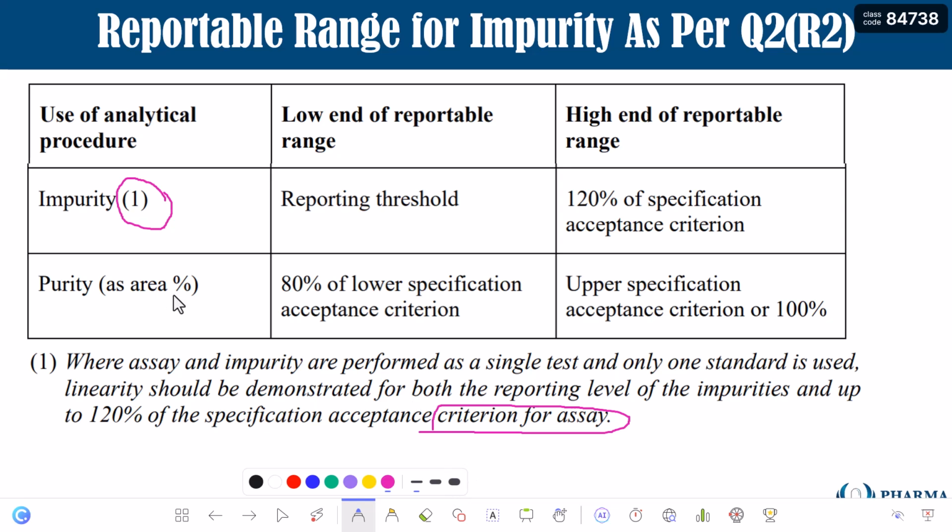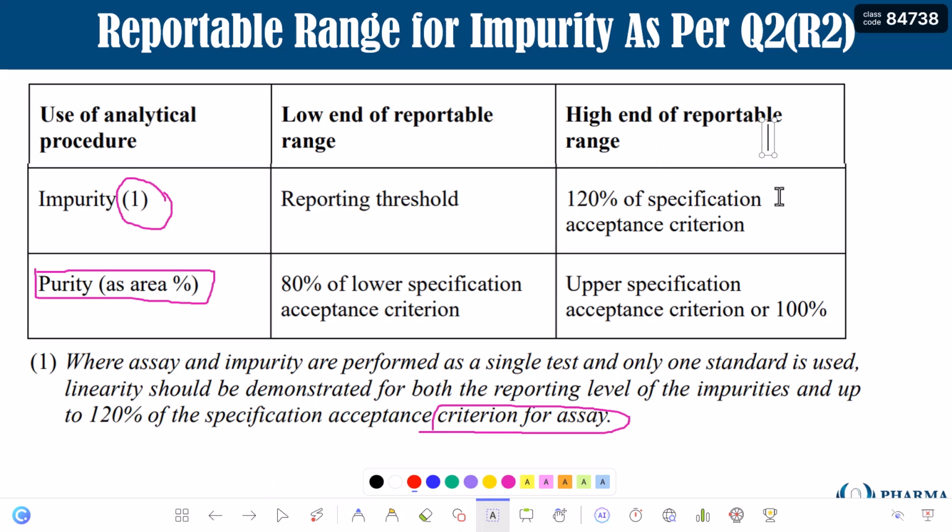See, most of the time, if I'm using the purity as a measurement for impurities against area percent, I may have the same standard concentration and sample concentration. What does this mean? Let me explain with the help of an example. Let us say my standard concentration is 1000 ppm and my test concentration is also 1000 ppm, isn't it?